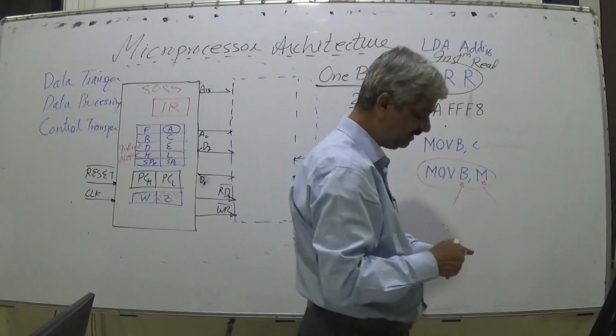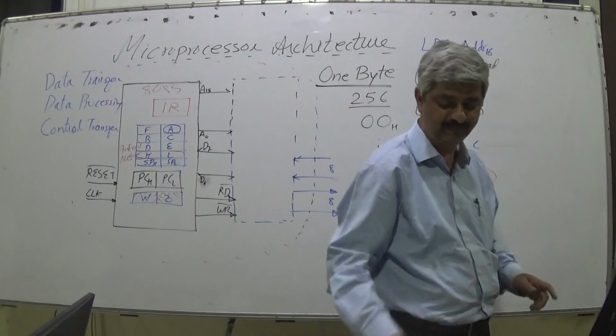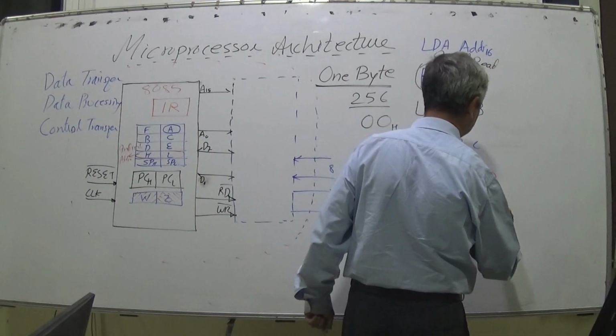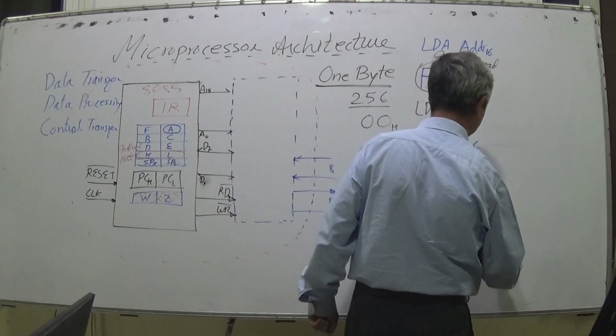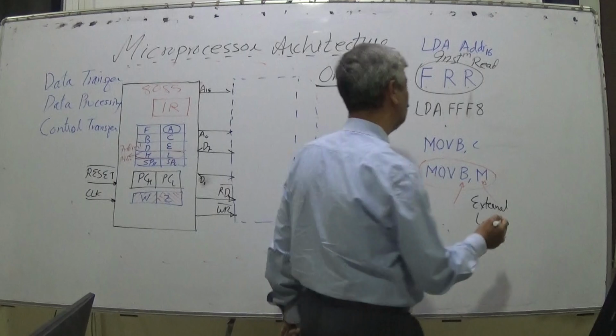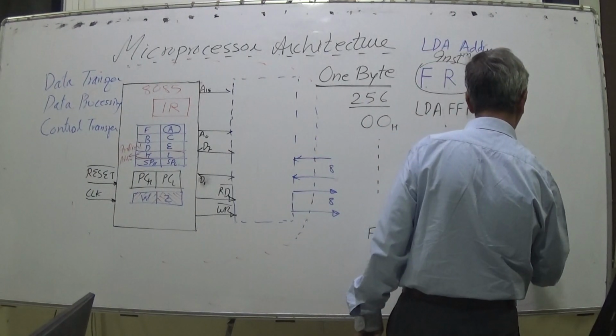So what is M? In assembly language, this M is an external location, but when I say external, an address is needed, which is pointed to.